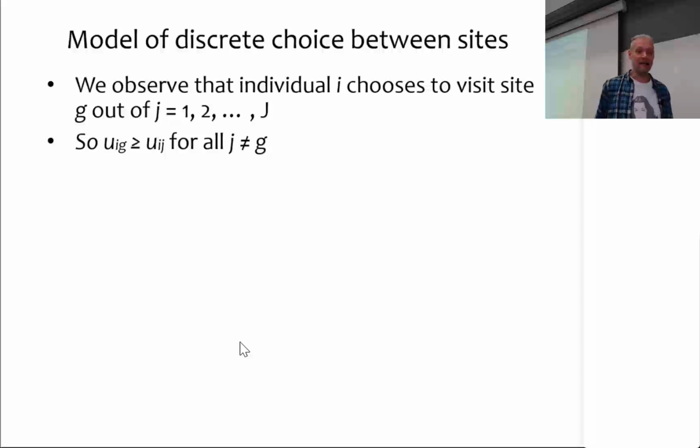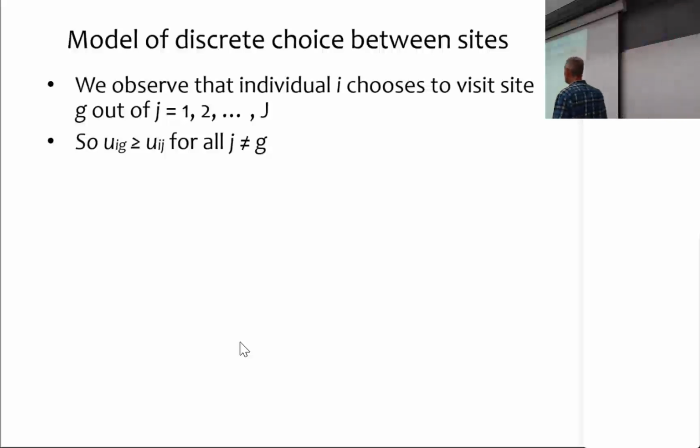So what do we observe? We observe an individual going to one park but not to the other, and we can reasonably assume that those other parks are within reach of this particular individual.